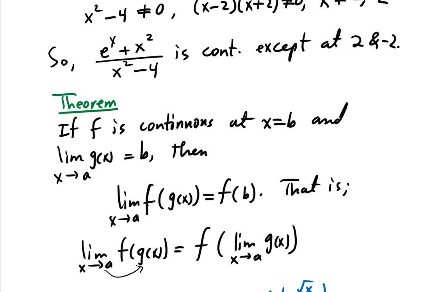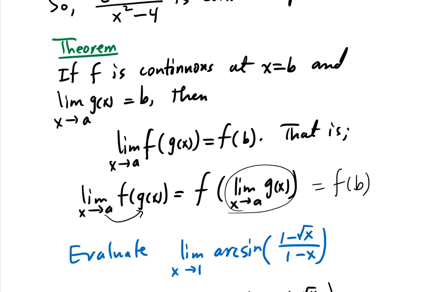And this thing here is given as b. That's why this is f of b. So you can pass the limit inside to the function as long as the main function f is continuous at that point, at x equals b. If it's not, then we're not allowed to pass the limit inside a composite function.